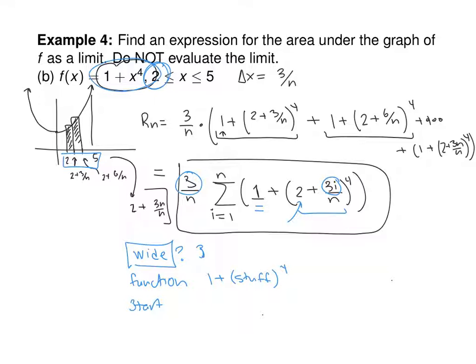My main reason to do them this way was because what I want you to do is be able to take this thing and dissect what was the function and what was the interval. If you can figure out where it starts, how wide, and what the function is, you've got it. So that's the next question.